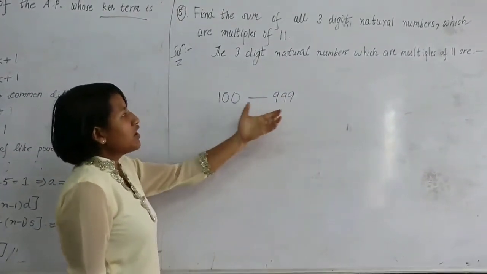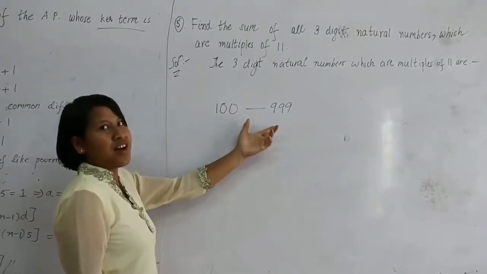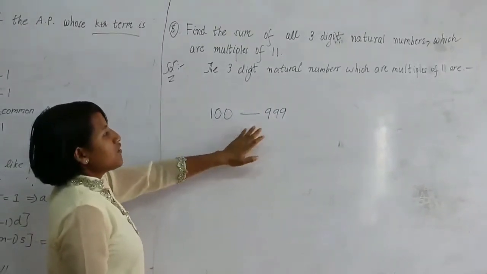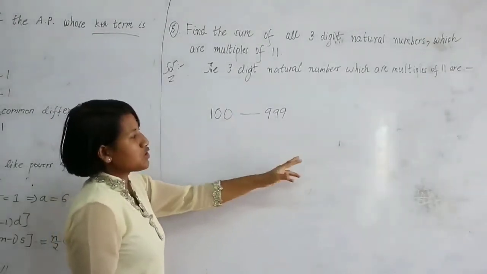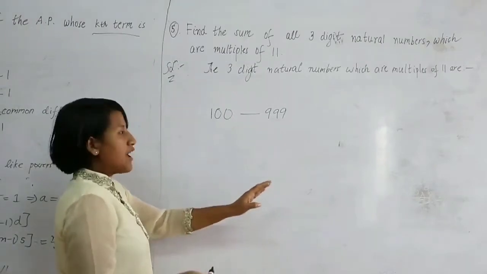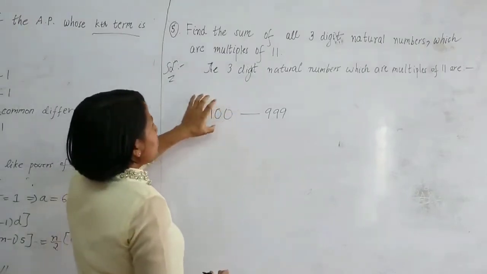Now from here you pick only those which are multiples of 11. Multiples of 11 means 11 into 1 is 11, 11 into 2 is 22, so 11, 22, 33, those are multiples when you multiply by 11.